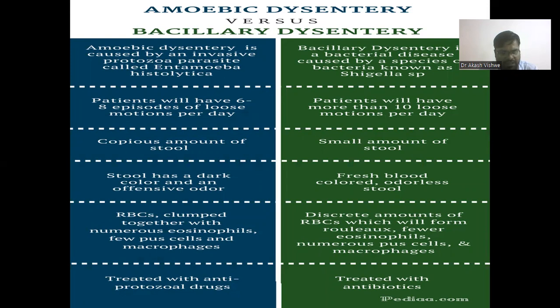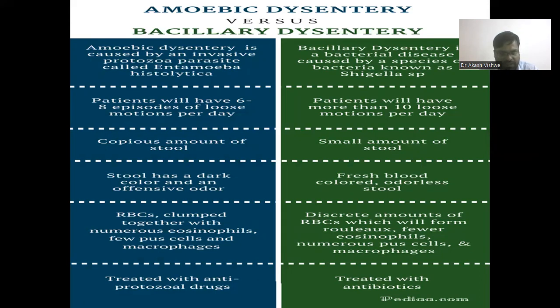In amoebic dysentery, RBCs are clumped together with numerous eosinophils, few pus cells, and macrophages. While in bacillary dysentery, there are discrete amounts of RBCs, which form rouleaux, fewer eosinophils, and numerous pus cells and macrophages.